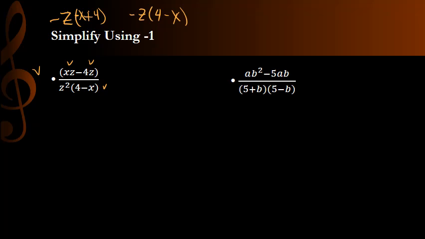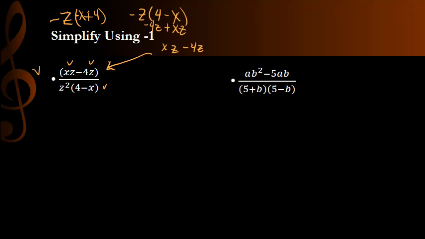Negative z times 4 is negative 4z, and the negative z times the negative x, two negatives multiplied together, gives me positive xz. And so negative 4z plus xz, well, I can rewrite as xz minus 4z. And that's back where I started.